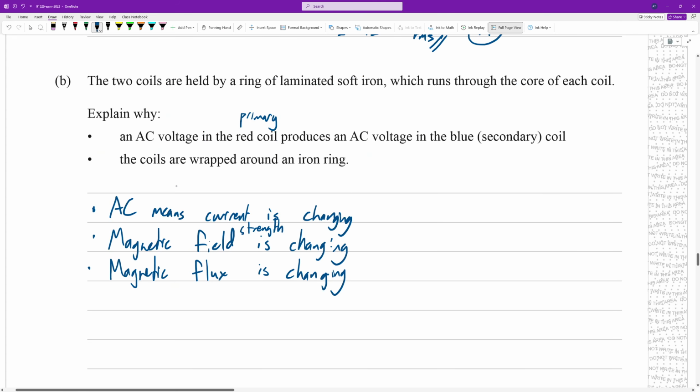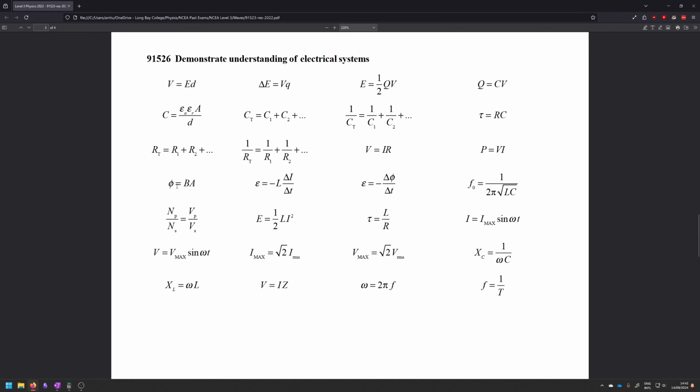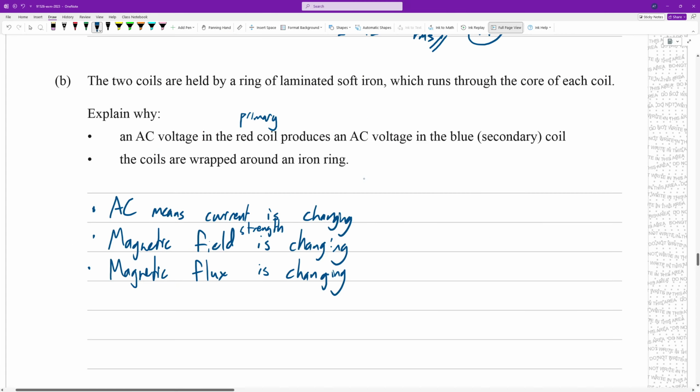Okay, now we have a change in flux. And so with a change in flux, we look at Faraday's law. A change in flux over time causes an induced EMF. And so the secondary coil experiences an induced EMF as it sees the rate of change of flux.